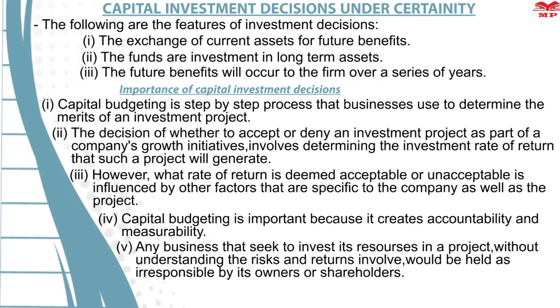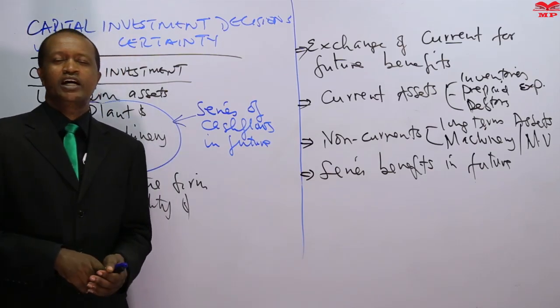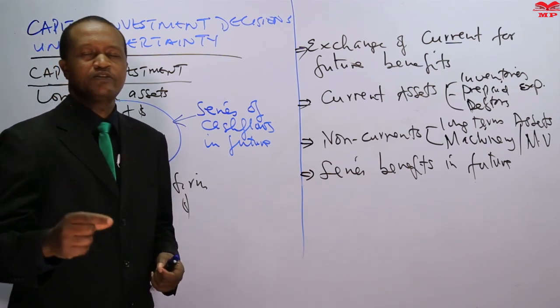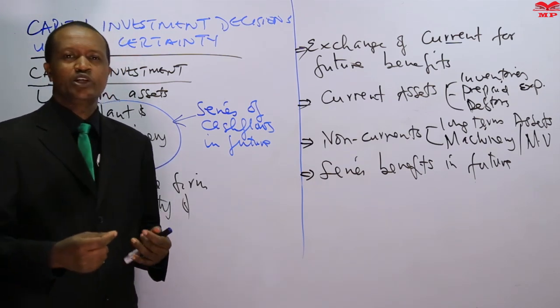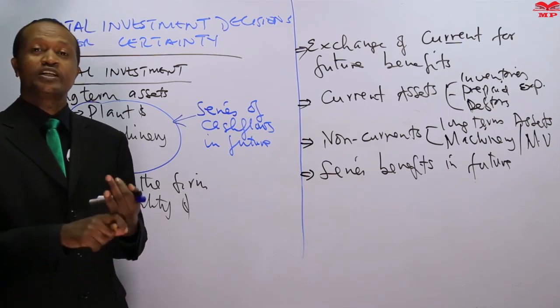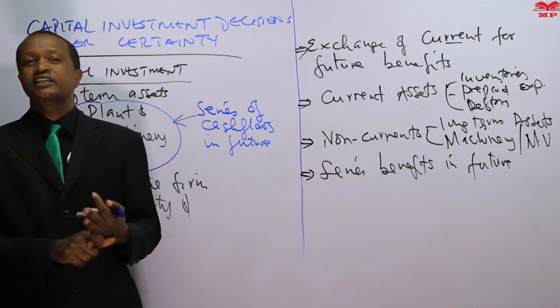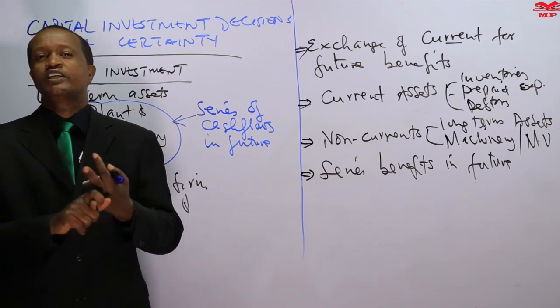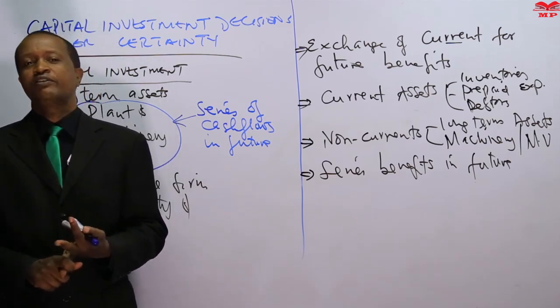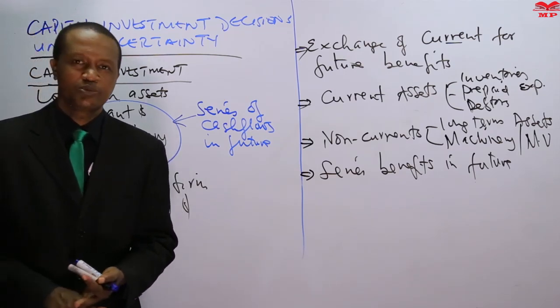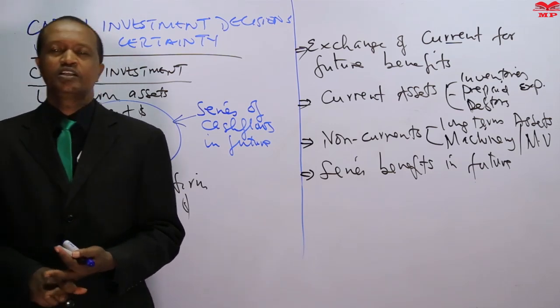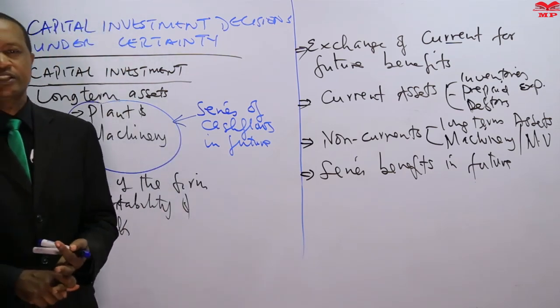So if shareholders have entrusted you with their resources, and in the process of investing these resources, you don't take into consideration the riskiness and the return on investment, then you are a very irresponsible manager indeed.